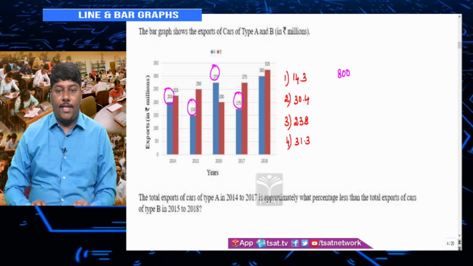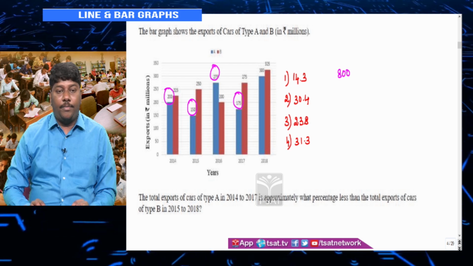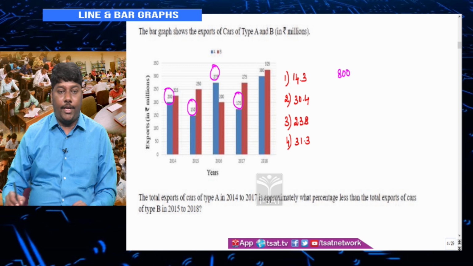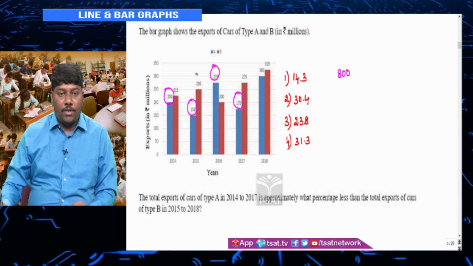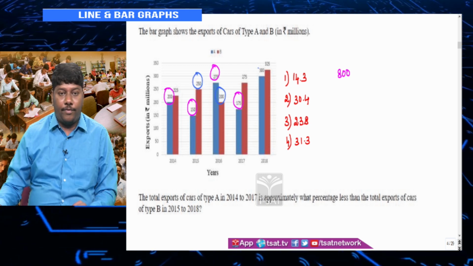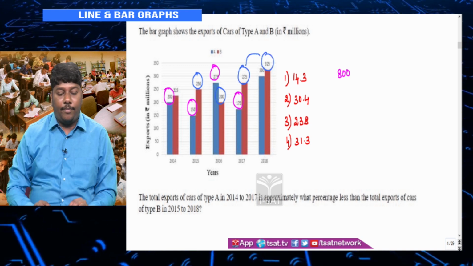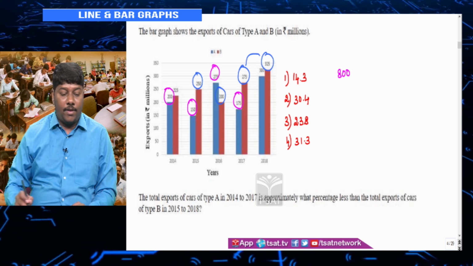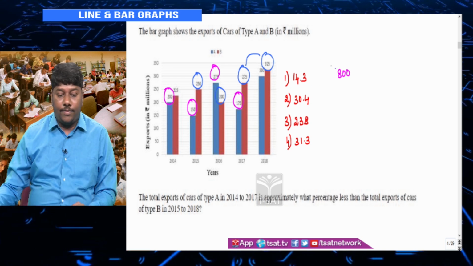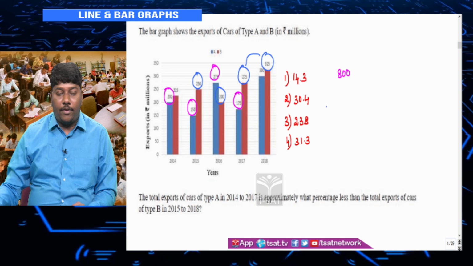What percent less than the total exports of the cars of type B from 2015 to 18? From 15 to 18 type B, 250, 200, 450, plus you have 525, 325 plus 275, that is 600. 600 plus 450 is 1050.